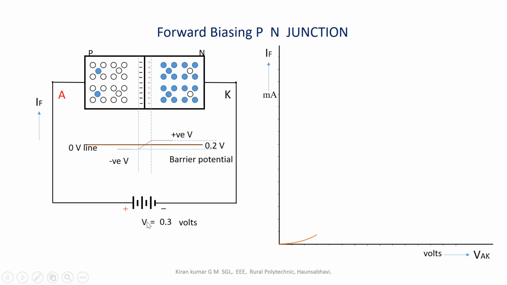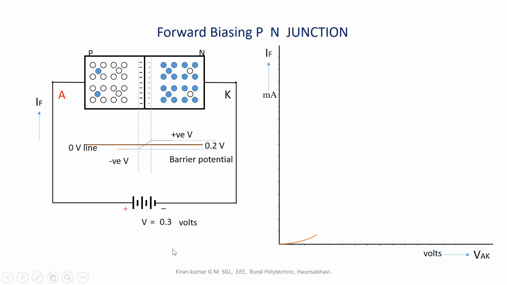With this higher voltage applied, a greater number of free electrons will be pushed through this N region, and these forcibly pushed free electrons will be crossing this collapsed barrier potential and creating more current through this anode and cathode region. The same increment of the current is again represented by the new height of this curve, a new location of this curve on the two-dimensional characteristic plot here.